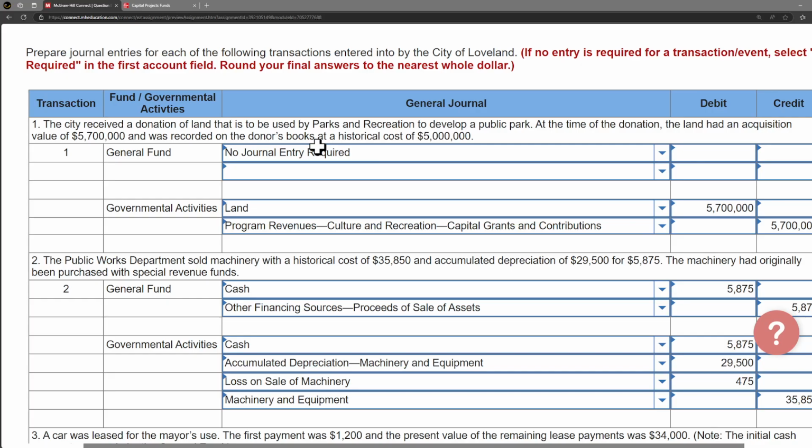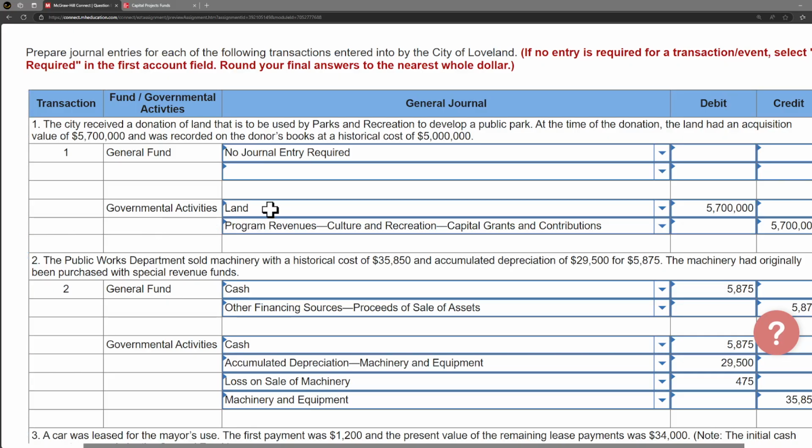If it's donated, we've got to figure out what the market value is, and that's what this is saying here. So under the general fund, we have no journal entry because the general fund is a governmental fund and therefore it's modified accrual. We do not track long-term assets or liabilities. We track long-term assets and liabilities in the governmental activities.